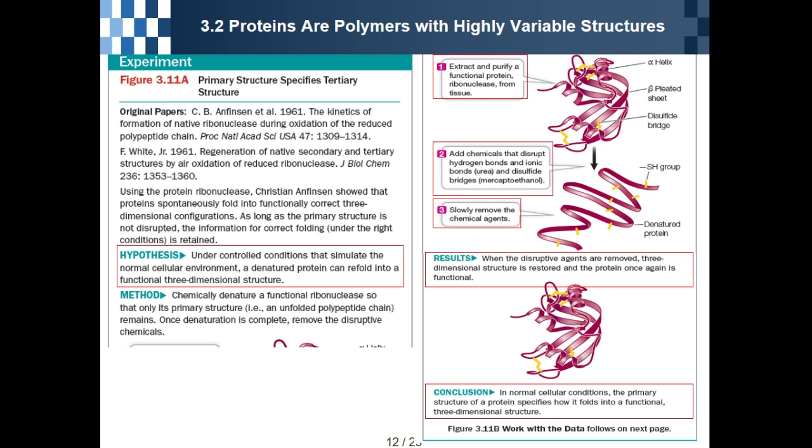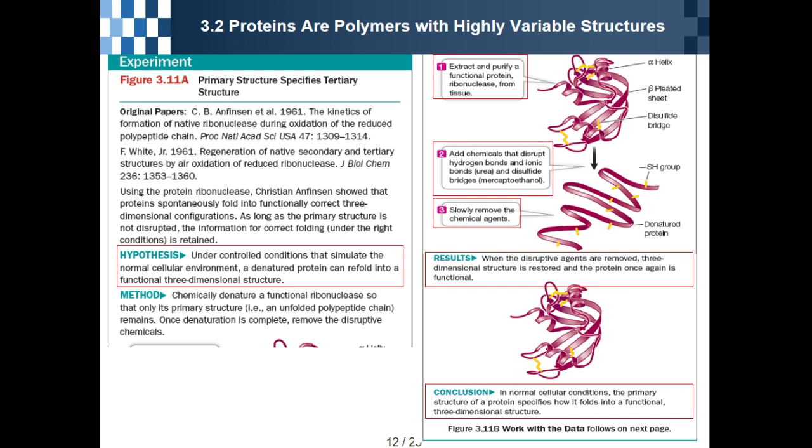For example, after we get a perm, our hair becomes curled, but about 1 month later, our hair becomes straight, like this.